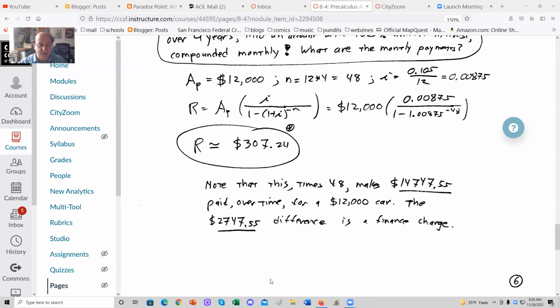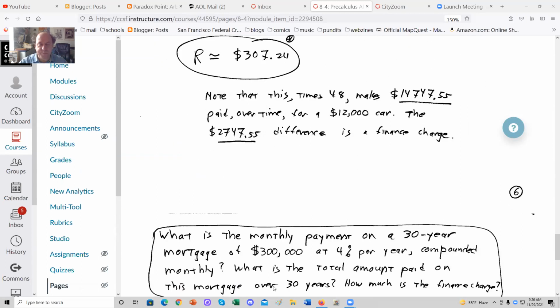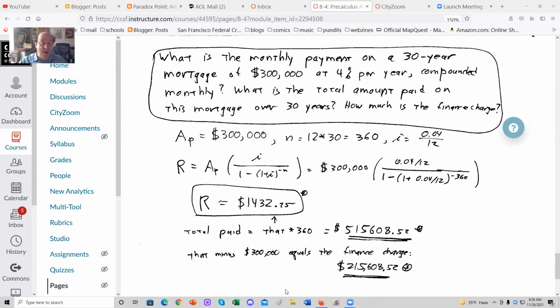All right, we proceed. Now here's a problem a lot like what I've been dealing with. A 30-year mortgage, $300,000, 4% per year, compounded monthly. What's the total amount paid on this mortgage, and what is the finance charge? The present value is $300,000. The number of payments is 30 years times 12 months per year, 360 months. The interest rate per month is 4% over 12. And the regular payment is present value times i over 1 minus (1 plus i) to the negative n.